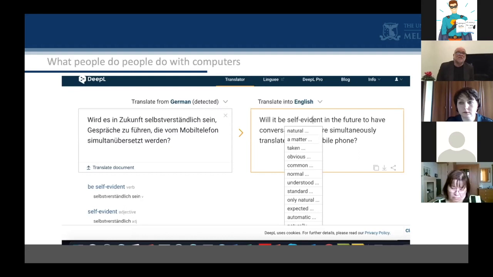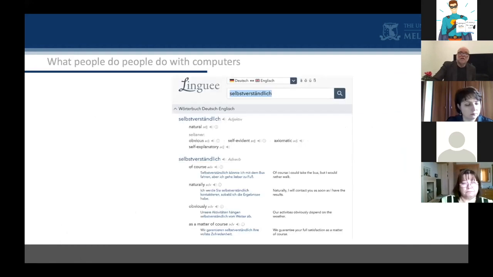And you have different translations over here as well. Lots of linguistic information is available. And that's connected with Linguee, which you probably know about. And this gives you different translations with codecs, which further enhances your capacity to decide.